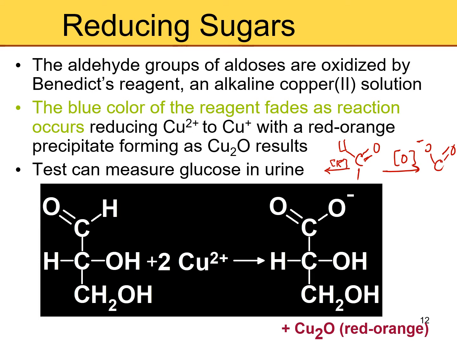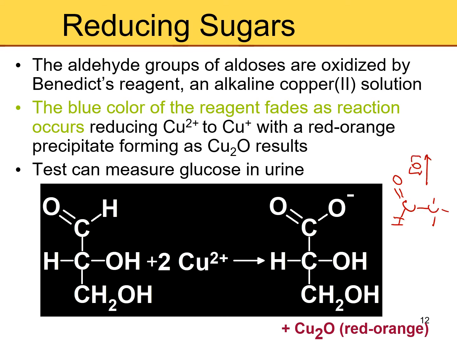So there's no space here, so let me just write it here sideways. So if you have an aldehyde, they can get oxidized, and put O here and O minus like carboxylate, or they can get reduced to alcohol, right?